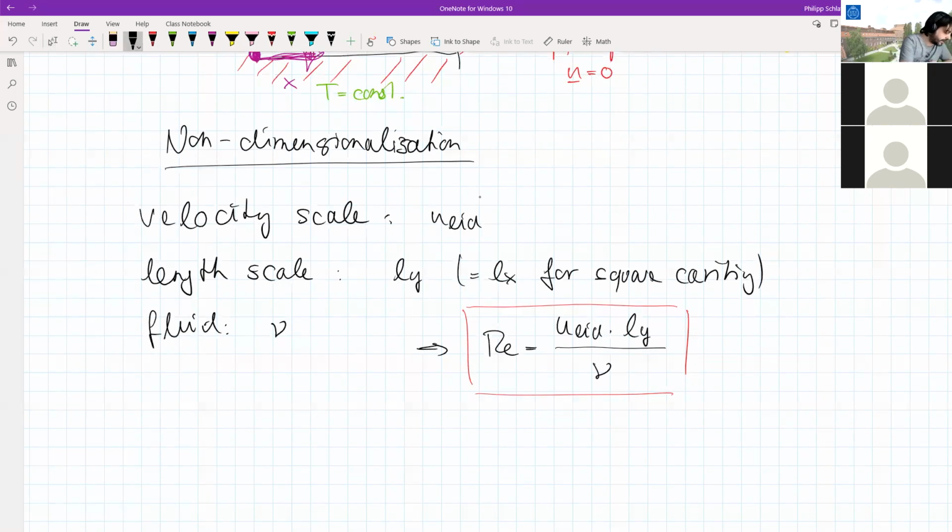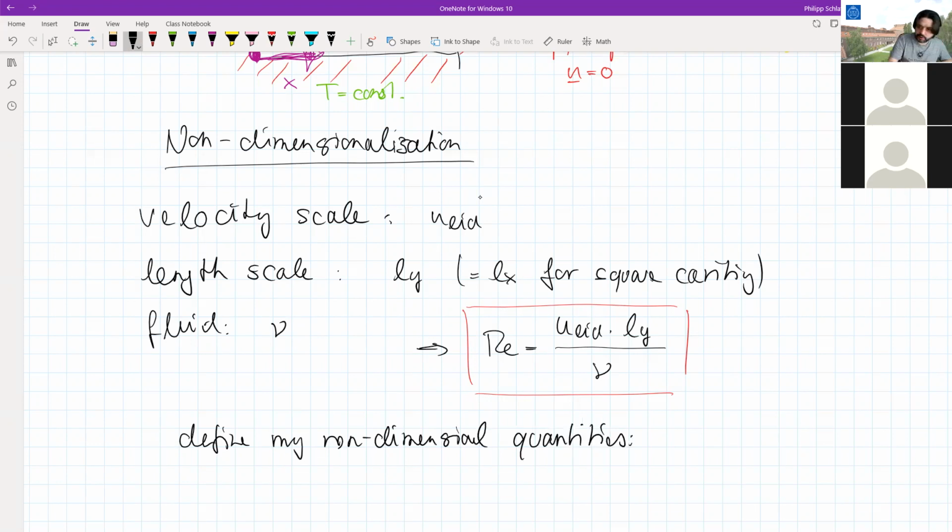That means I need to define my non-dimensional quantities. So the velocity and the length scale in non-dimensional form, which I then use in the equations.